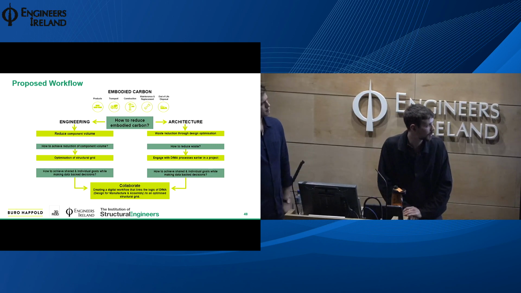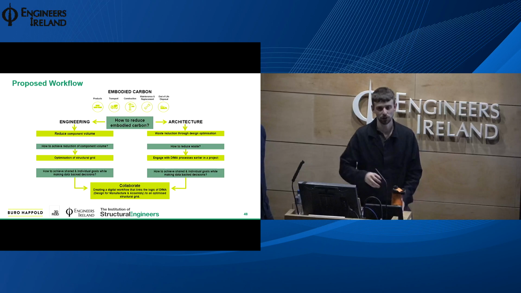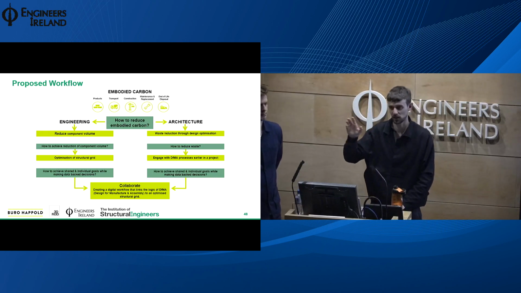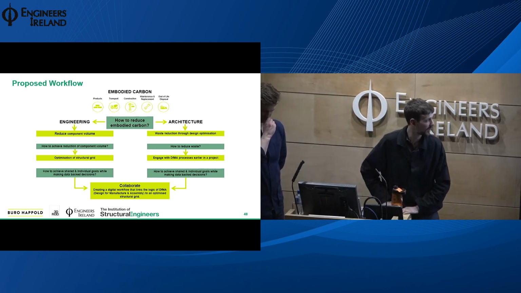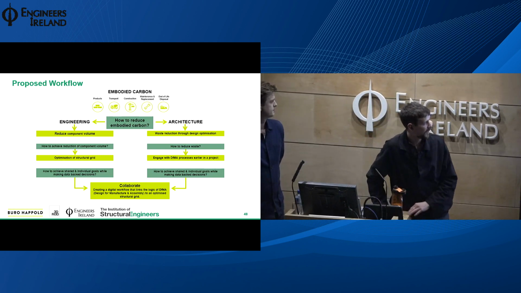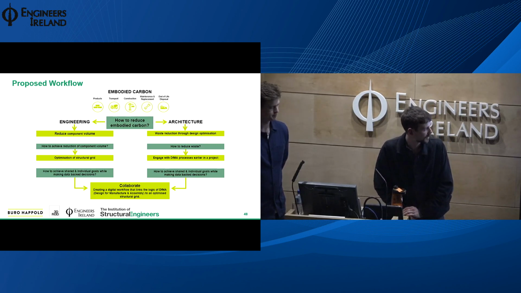So we want to be able to engage with DFMA processes earlier in a project, not just as something that's retrofitted at stage 4 when we realise there's an opportunity to do it or the client has decided they want to. It's trying to drive that from an early decision and underpin some of that information into a concept stage massing.